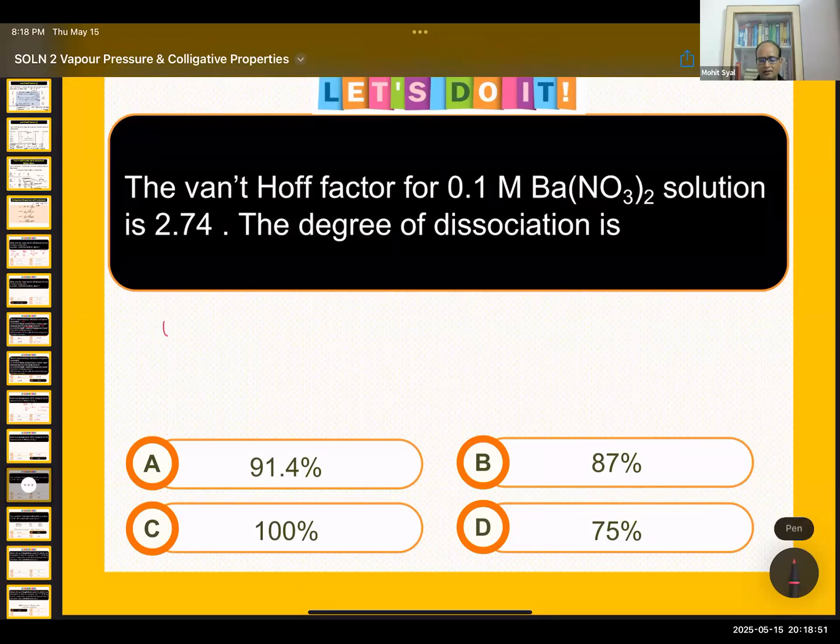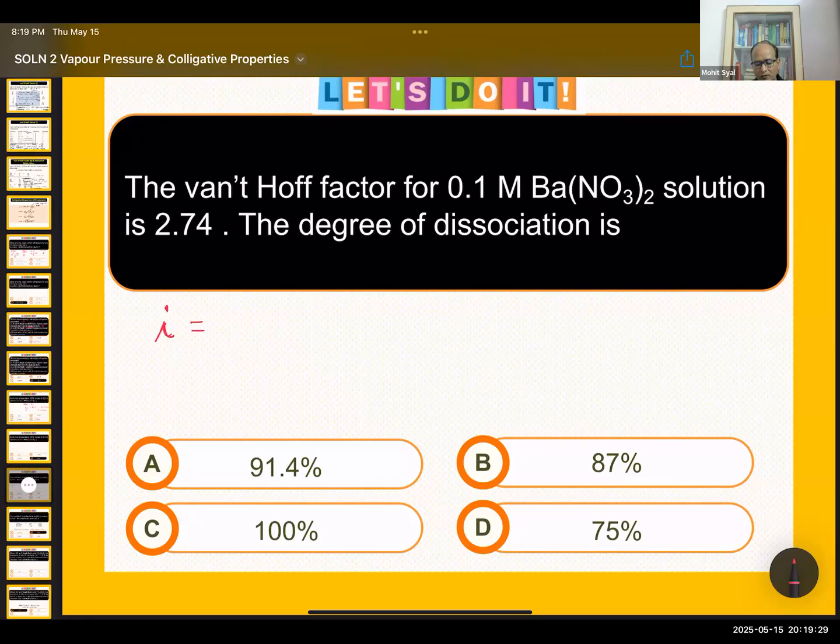So what is the formula for i in terms of number of particles? Ibrahim, tell me. Number of particles before dissociation divided by number of particles after. i is proportional to number of particles. So how many times the particles have become, after dissociation, 2 times, 3 times, 4 times.